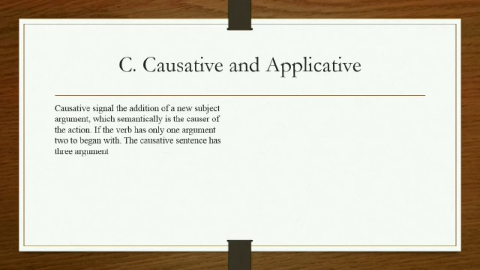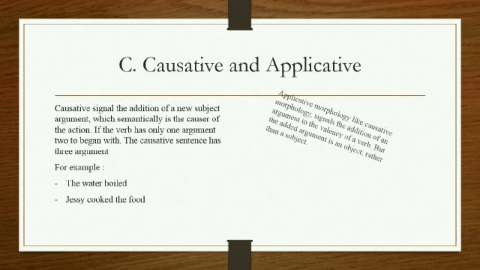If the verb has only one argument to begin with, the causative sentence has two, and if it has two to begin with, the causative sentence has three arguments. For example, the water boiled, and Jessie cooked the food.